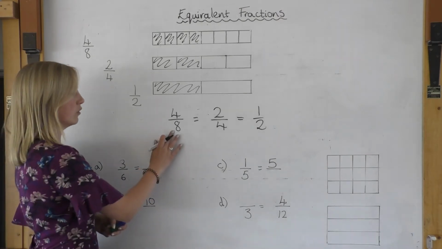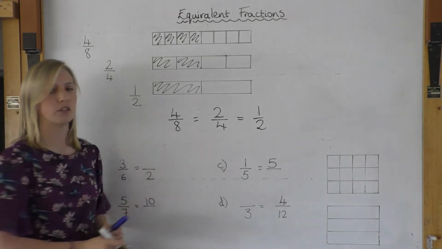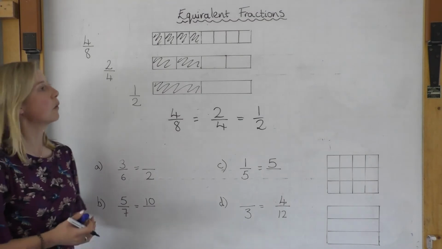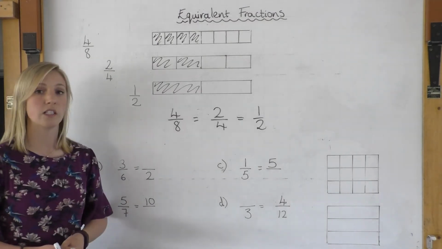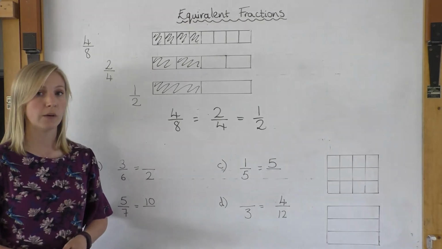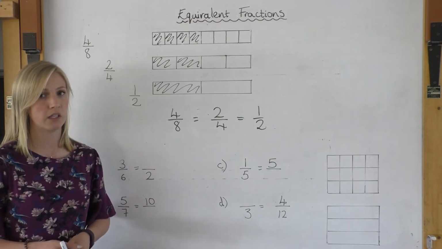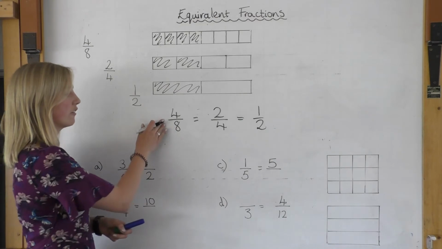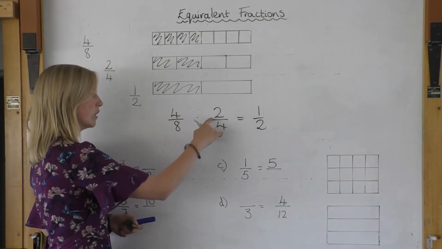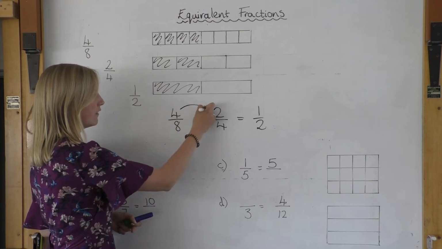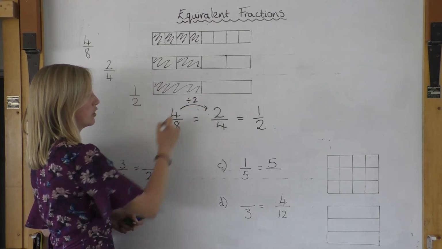However, how did I go from 4/8 to 2/4? Well, when we're talking about equivalent fractions, what we need to ensure is whatever we do to the numerator, we must also do to the denominator. So looking at our 4/8, in order for me to go from 4 to 2, I have divided by 2.